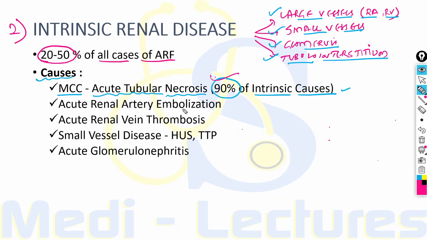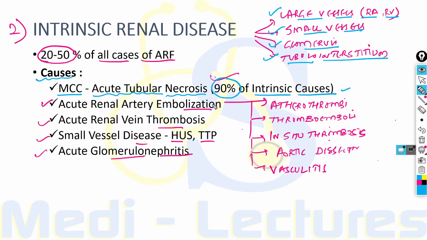Now, after we have discussed the most common cause of intrinsic renal disease, some rare causes leading to intrinsic disease are acute renal artery embolization, acute renal vein thrombosis, and small vessel diseases like hemolytic uremic syndrome and TTP, that is thrombotic thrombocytopenic purpura. And finally, intrinsic renal disease can also be due to acute glomerulonephritis.